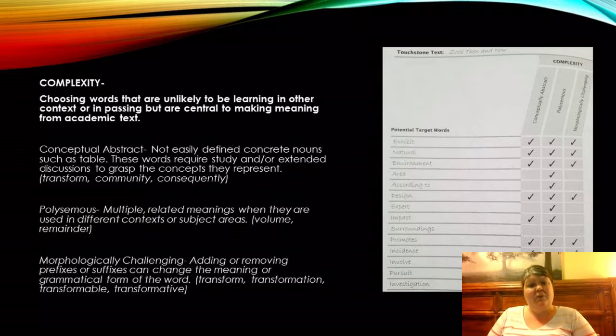So there's conceptual abstract. Like before when we talked about a chair, right? You can easily define a chair. You can give a synonym of what a chair is. Those are concrete nouns, just like a table on this one. Conceptual abstracts are words that require steady or extended discussion to grasp the concepts they represent.